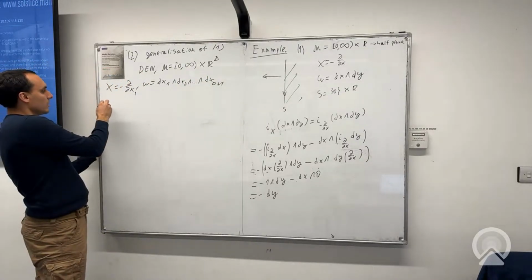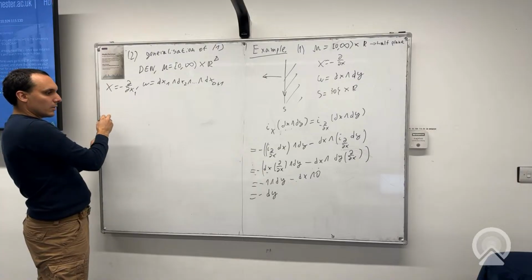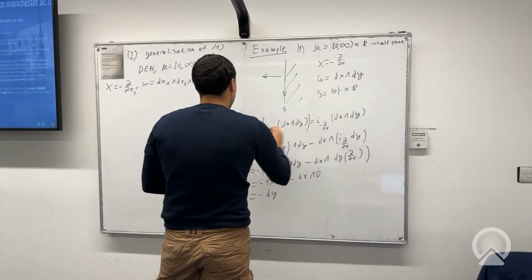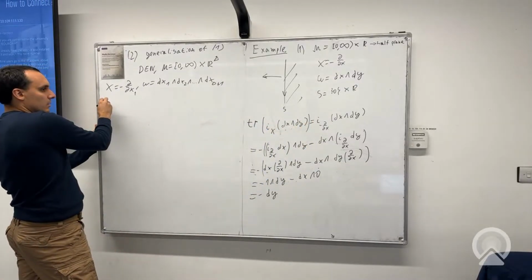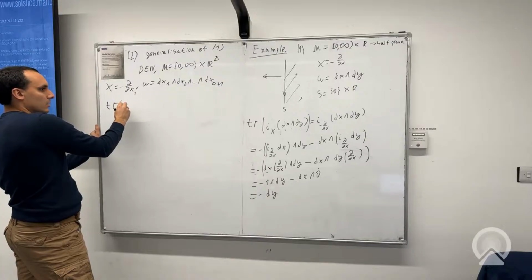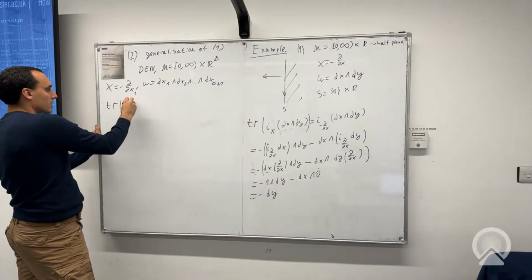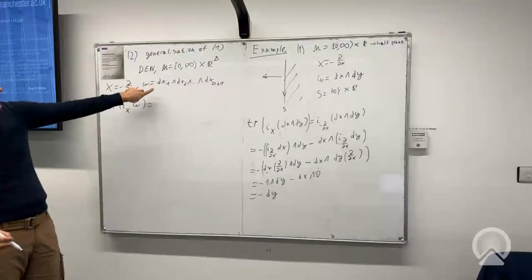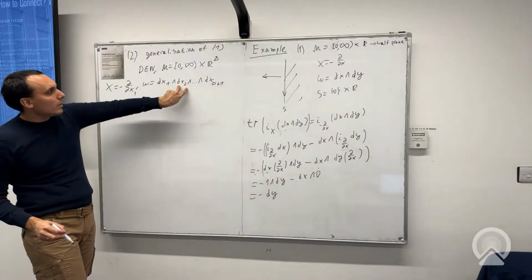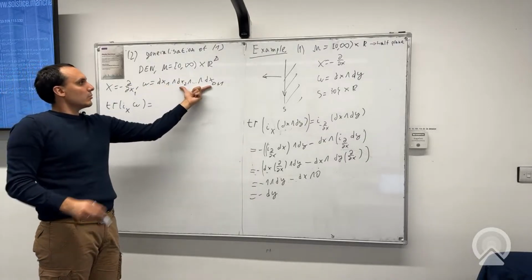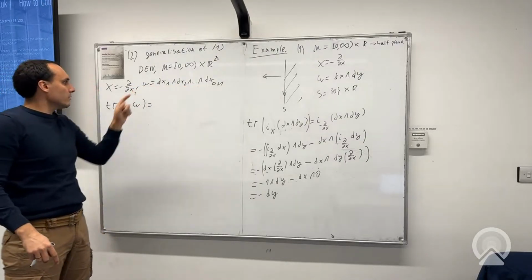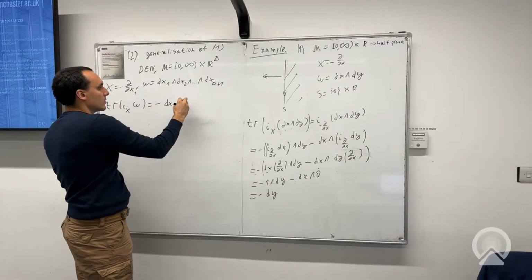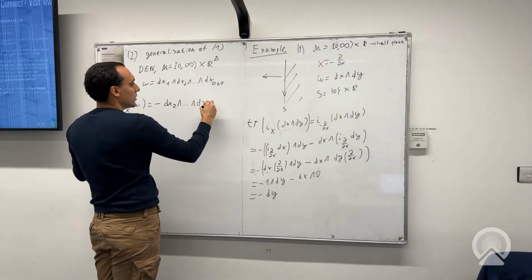And here I should put trace. So trace of iota X of omega will be, if you apply the Leibniz rule many times, any time you have terms which don't have dx1 will be 0. So we only have the first term. So this will be minus dx2 wedge to dx d plus 1.